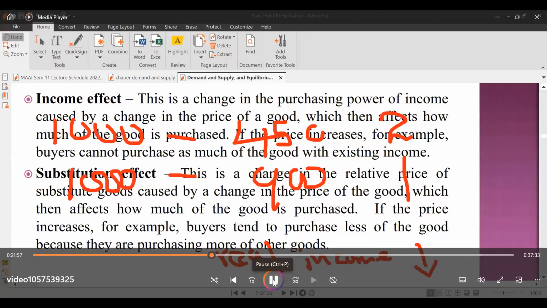When price increases, we cannot purchase as we purchased earlier. At 450 we purchased 2 products, but if it increases to 900, now we can purchase only 1. That reduces the purchasing power of the consumer. We identify that as the income effect: real money income reduced.